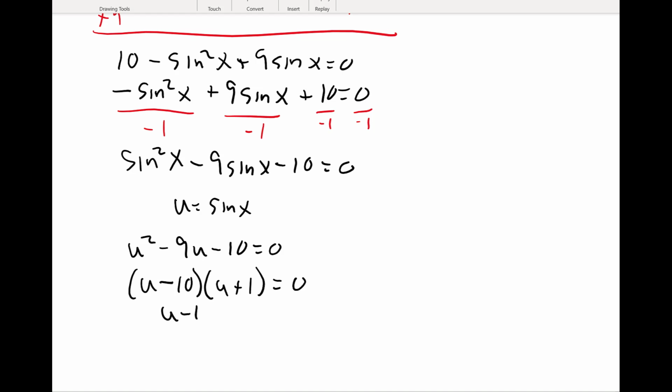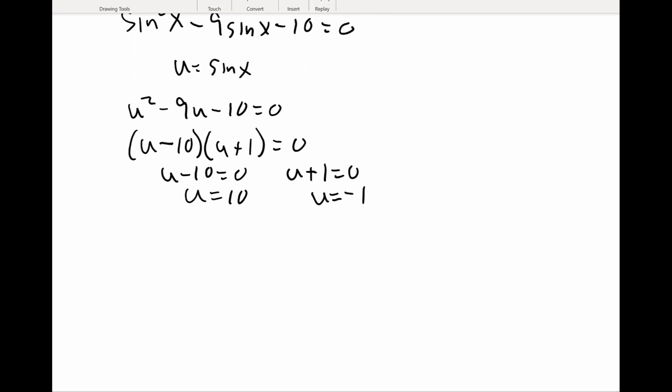So u minus 10 equals 0 means u equals 10. U plus 1 equals 0 means u equals negative 1. So we're not finished. That's just getting this down to this point.